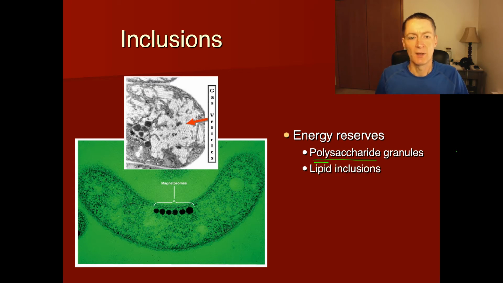We have lipid inclusions inside of prokaryotes. Again, that's all about energy storage, right? We have to think of functions of these macromolecules, and energy storage would be top of the list when I think of lipids. Sulfur granules. You may not think of energy when you think sulfur at first, but sulfur is involved with energy production in many prokaryotes, and we'll talk about metabolism later, so that makes more sense.